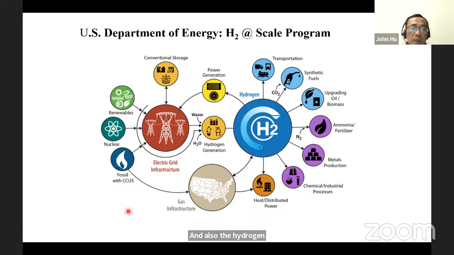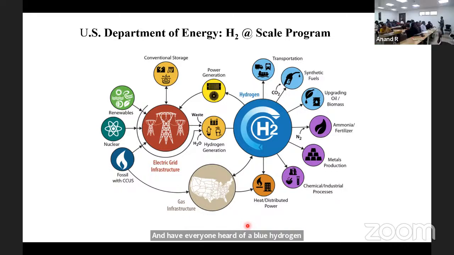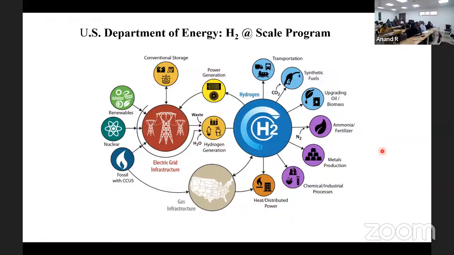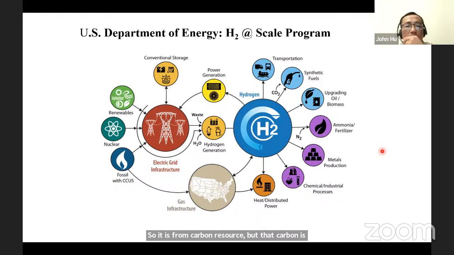When I say color coded, has everyone heard of blue hydrogen? Hydrogen is produced from a carbon resource, but that carbon is completely captured by carbon capture. Thank you. You are right on the mark.